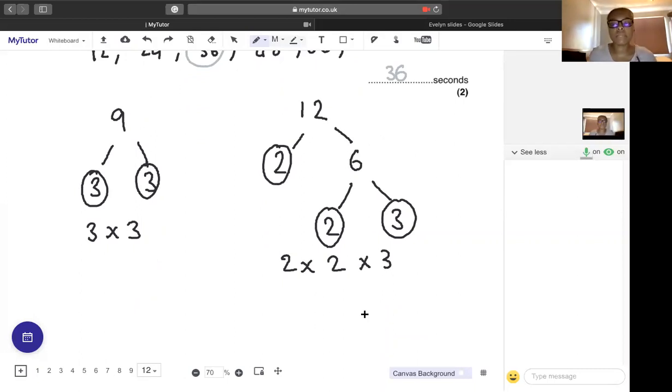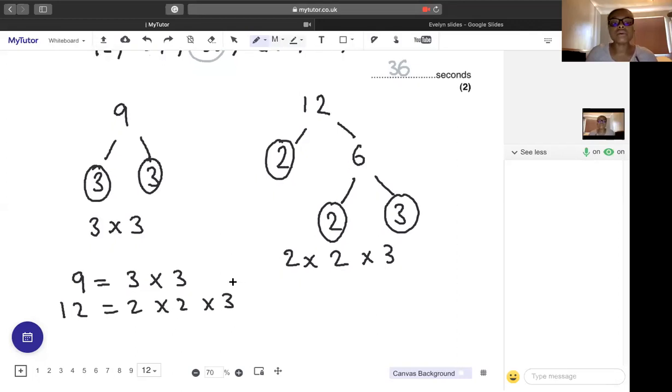Now, remember, when we're working out the lowest common multiple, we want to, first of all, work out the highest common factor and use the highest common factor to work out the lowest common multiple. So if we write it how it was written in the previous questions, 9 is 3 times 3, and 12 is 2 times 2 times 3.